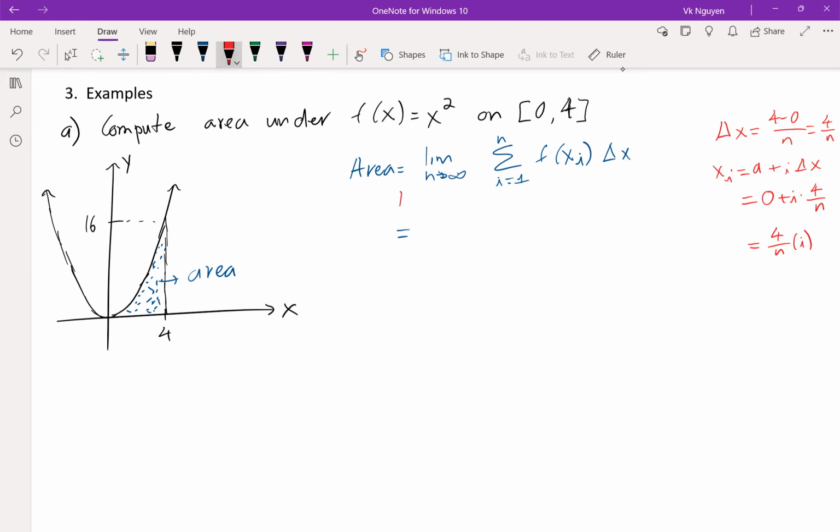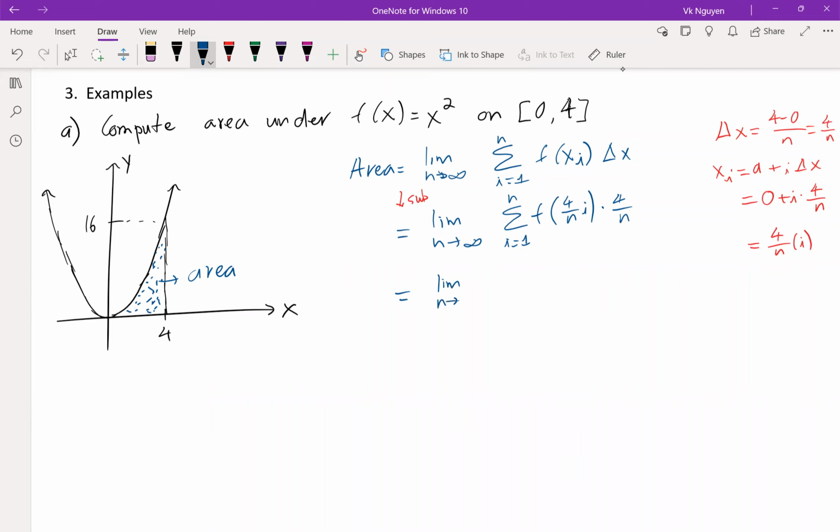We have the limit as n goes to infinity, sum I equal 1 to n of f of 4 over n times I, times delta x, which is 4 over n.